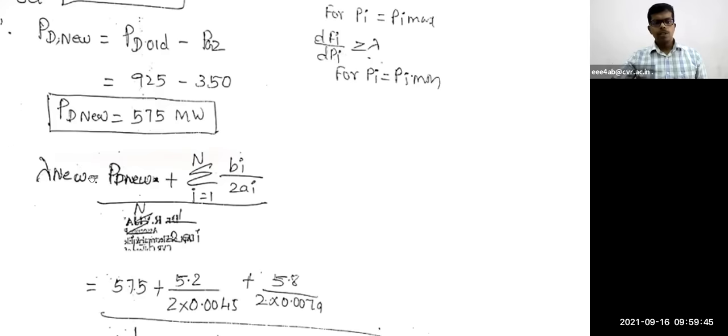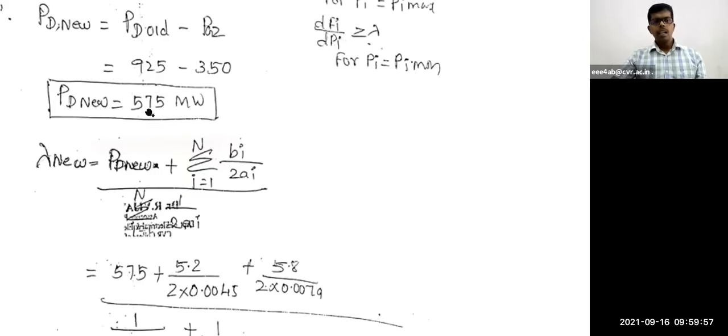So lambda new is equal to PD new plus summation i equal to 1 to n of bi divided by 2ai, the whole divided by summation i equal to 1 to n of 1 divided by 2ai. Here you need to substitute the values. One thing to understand: we have already taken the PG2 value as 350 megawatt and calculated PD new.